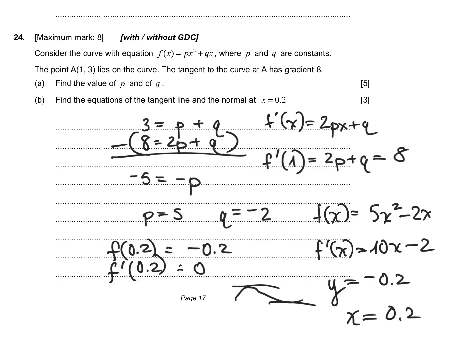So what's going on here? You've got this graph, and then this point here is (0.2, negative 0.2). So the tangent is y equals negative 0.2, and the normal is x equals 0.2.